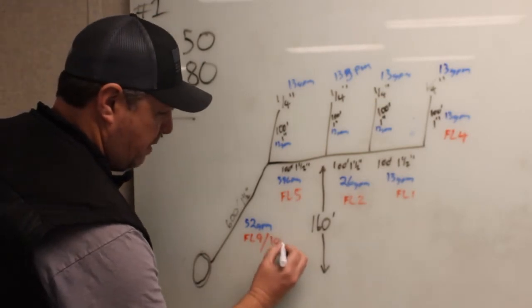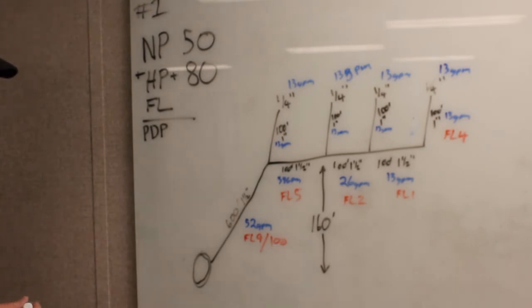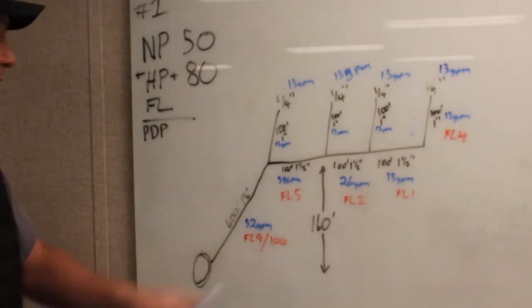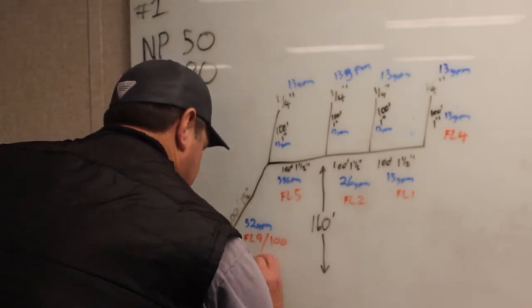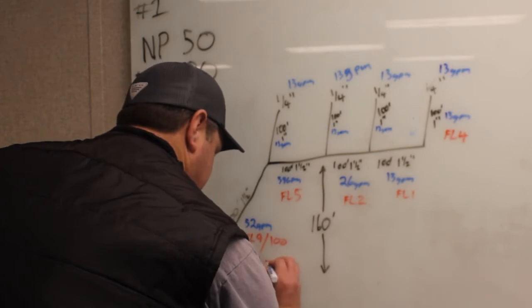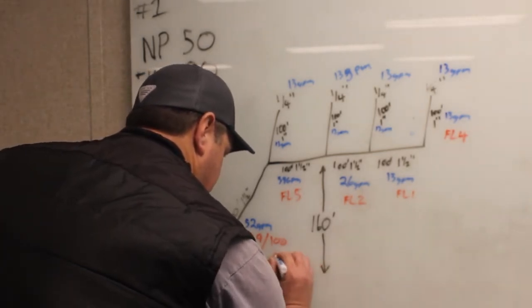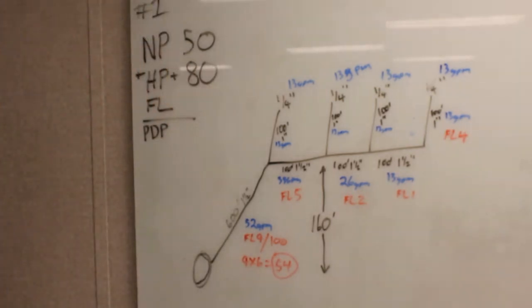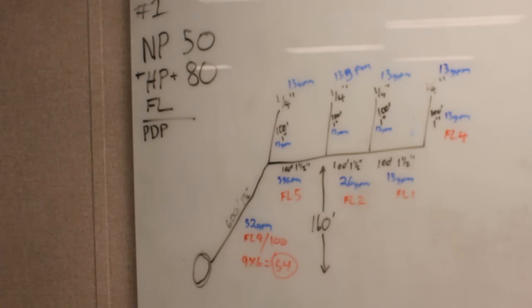So it's 9 per 100. There are 600 feet, which means I have 6 lengths of hose. So at 9 per length of hose, I get 9 times 6, 54, or 54 PSI of friction loss in this chunk of the hose lay.